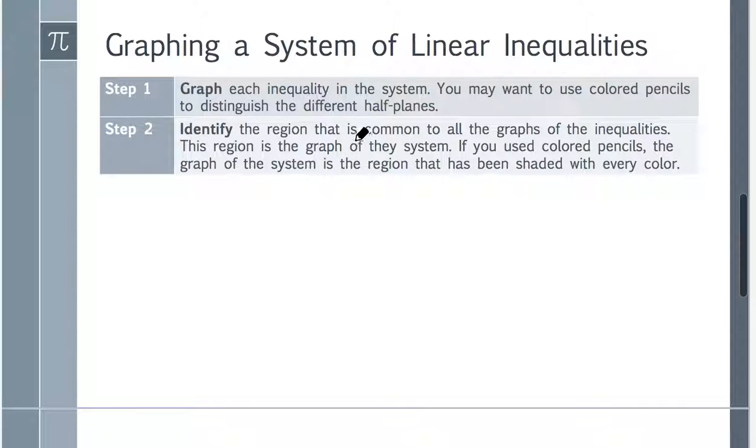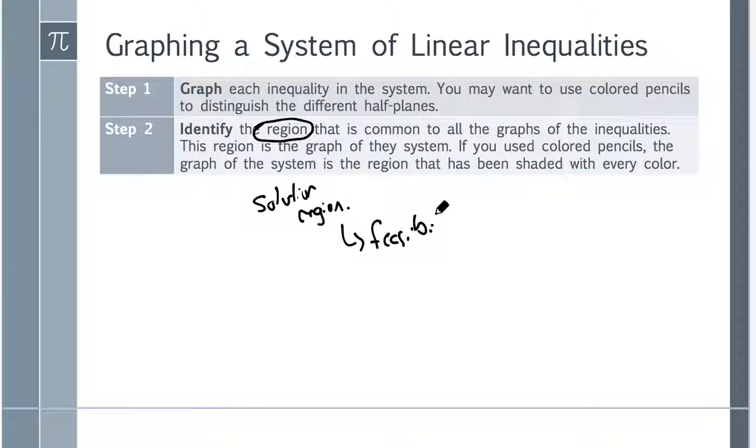Then identify the region that is common to all graphs. That region is the solution to the system, and I call this the solution region. In the real world, it's also referred to as the feasibility region. In the business world, you call that the feasibility region.